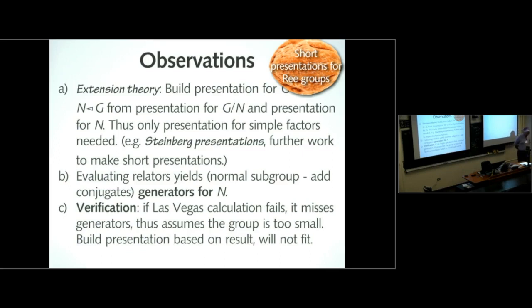And so I can show it for about 3 cubed, 3 to the 5, 3 to the 7. I've shown that it works. I think I could show it for 3 to the 9. The small Ree groups, yeah. But beyond that, the group order is a polynomial in the field order, roughly, and then it gets too large and I can't do it.